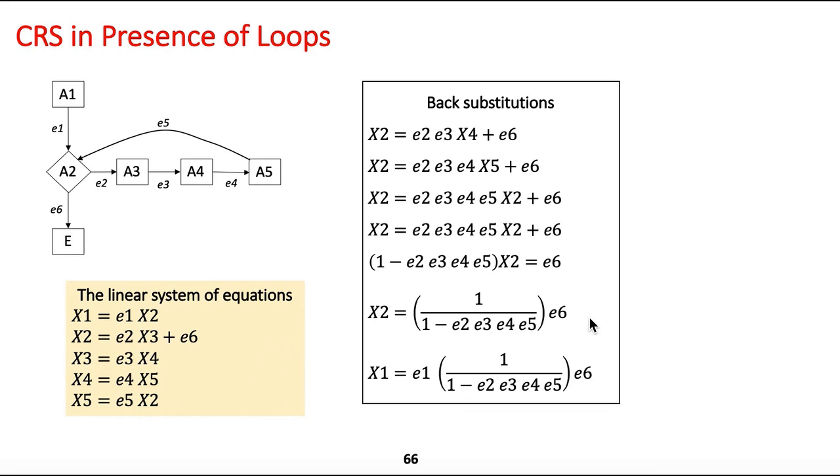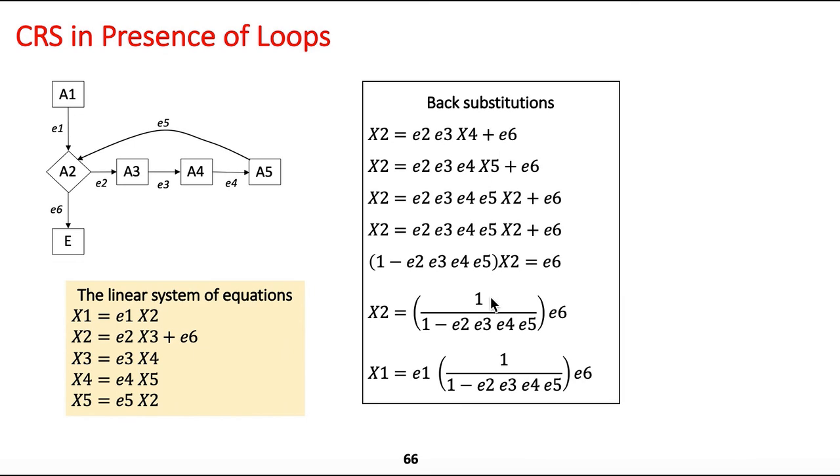Earlier I told you to forget that these E2, E3, E4, E5 are successor elements. Just treat them as numbers. So that's what I have done here. But now the problem is, if we want to get the CRB, we have to map it to the program statements.